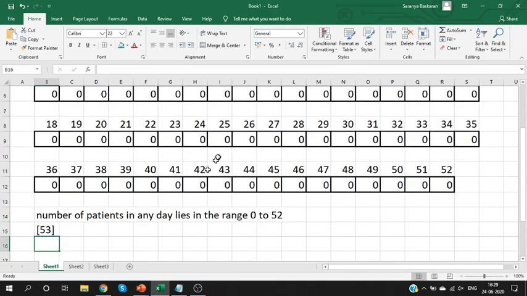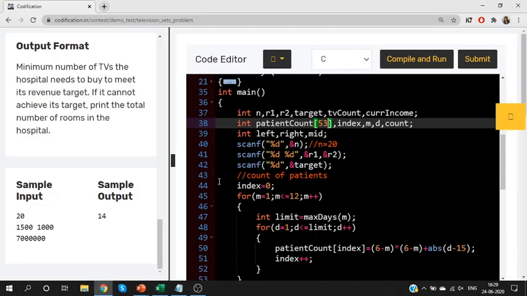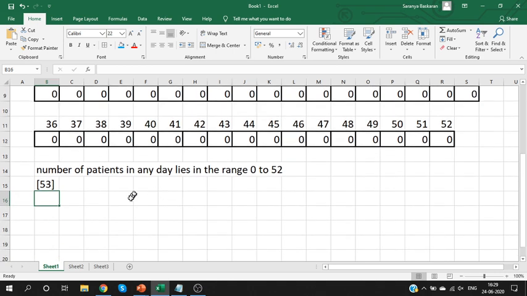Initially, we don't know the count value for any of the indexes. So initially, set the count value as 0. Clear? Since I'm reducing the data, initially the count value is set as 0. Now, whenever I consider a date, for example Jan 1st, using the calculation, I'll get the count as 39.